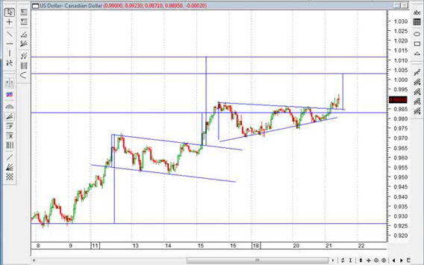I don't think that there is a lot of individual stop running from your dealer, but large institutions, if they see a nice round number like parity or 9,900, yes, they will try and move and see what happens when the price reaches that level. No one bank out there is going to move the price, but they will be watching to see what happens when the price hits that level and starts activating those stops.